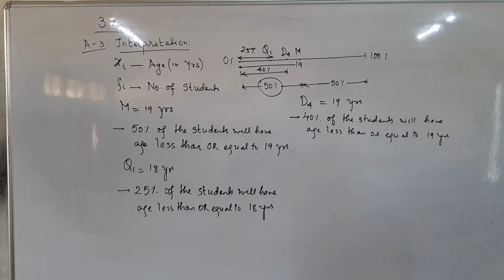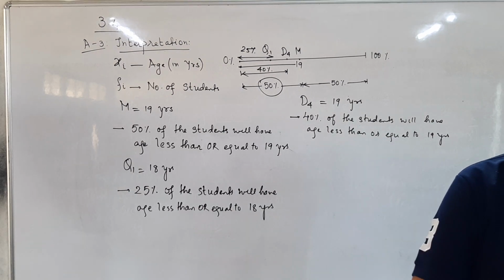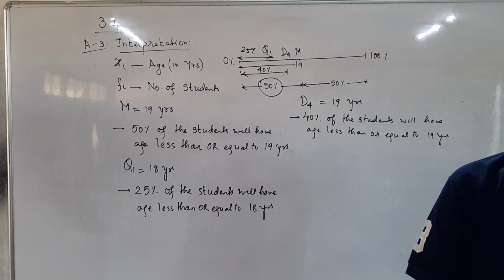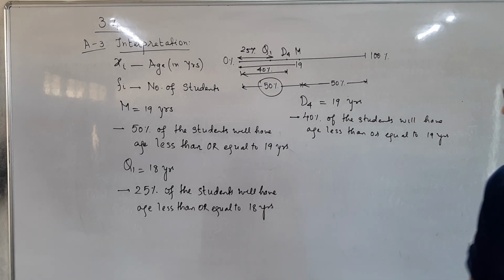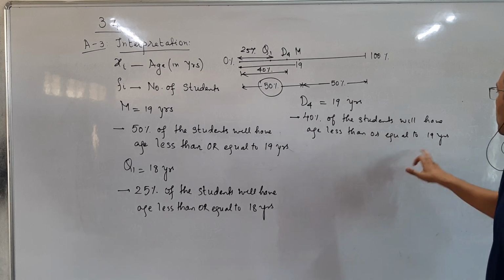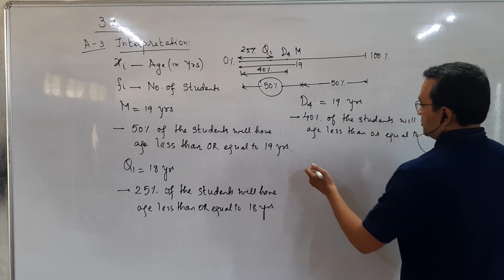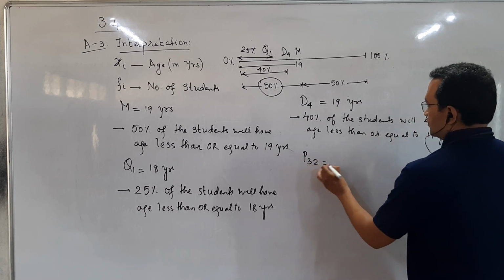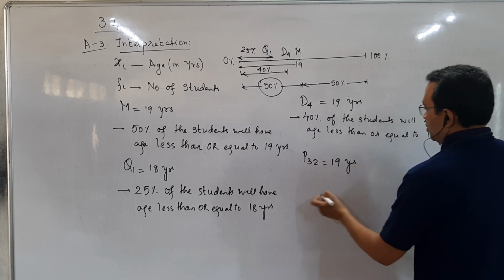Now P32 was also 19 years. Now percentile divides the data into 100 equal parts, but percentiles are 99, and for P32 it will be 32. So what we write, 32% of the students will have age less than or equal to 19 years. That much, students, you can write on your own.